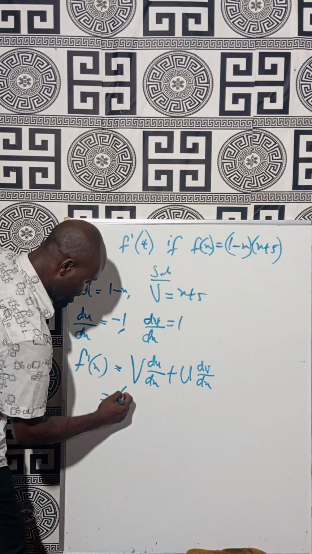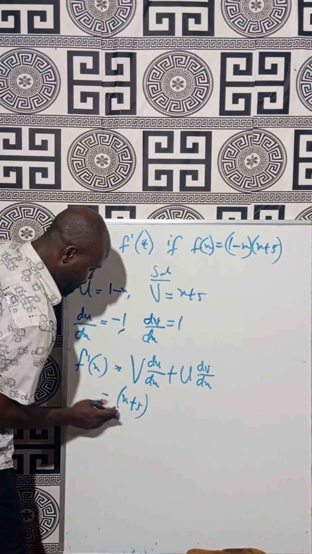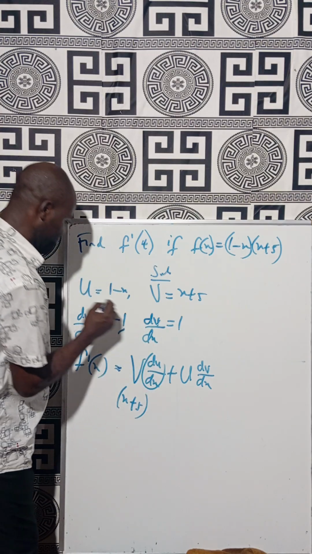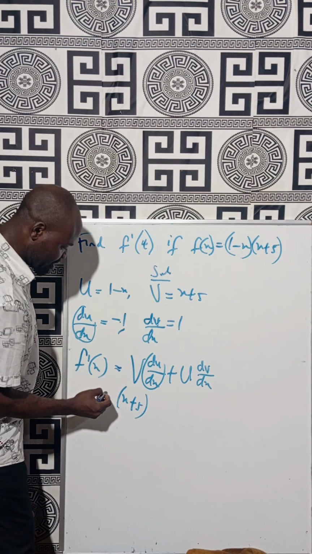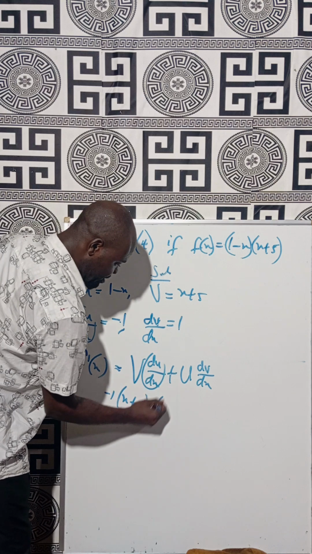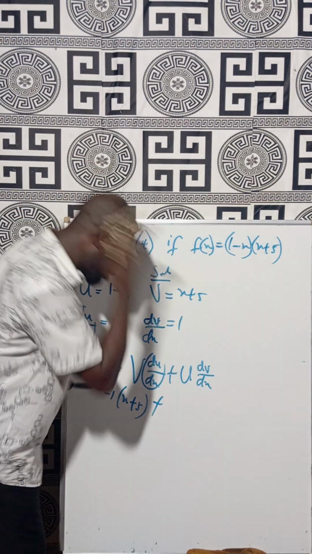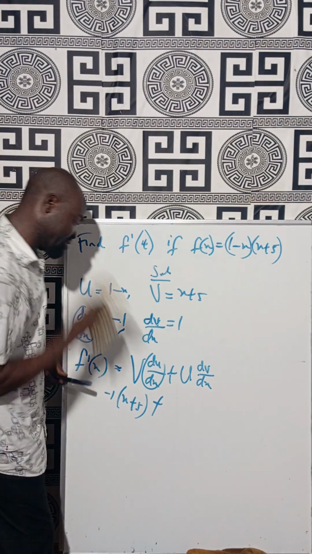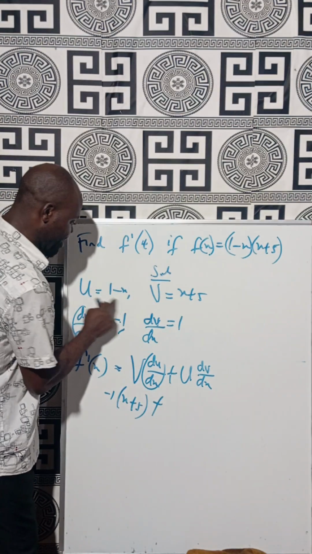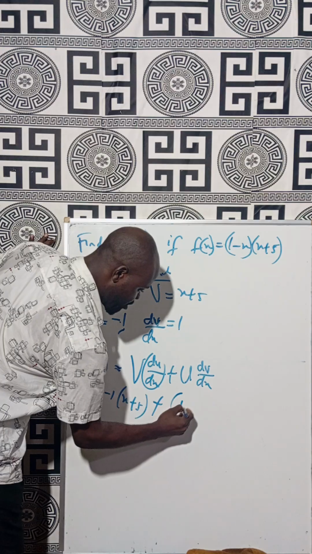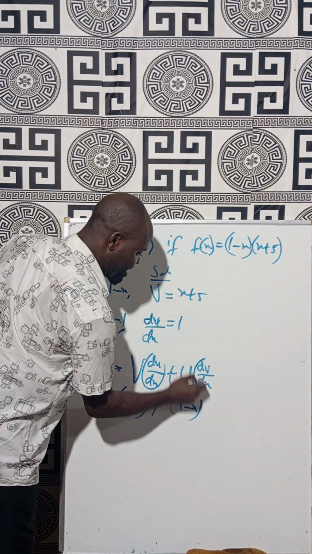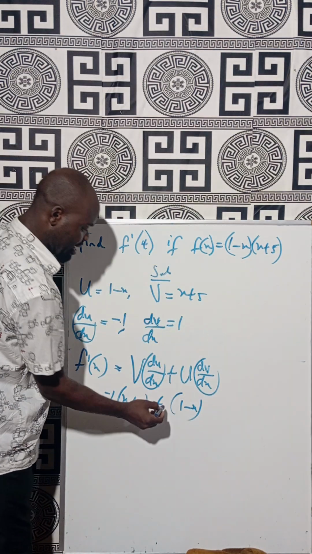My v is x plus 5 multiplied by my du dx, which is minus 1, then plus my u, which is 1 minus x, multiplied by my dv dx, which is 1.